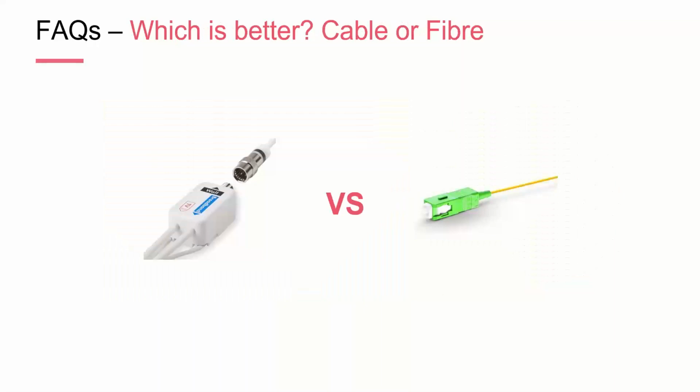The other question is, which is better, cable or fiber? It's generally a tricky question, because there are advantages to each. Generally, what you'll find is that GPON will provide lower latency.